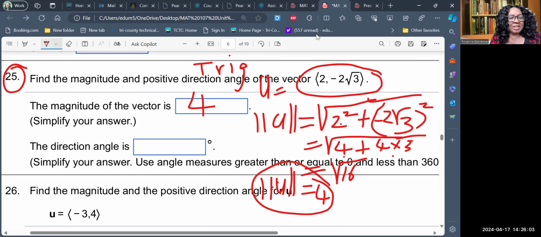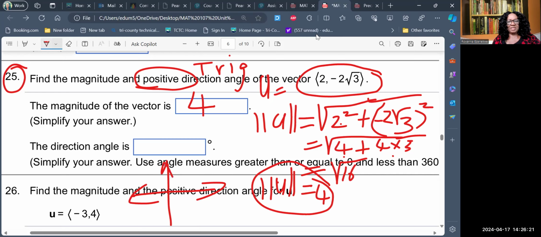Now the direction that we're told to find is the positive direction, so we have to be very careful. If I'm looking for the positive direction of a vector, I want to first of all graph that vector. So I'm going to graph this vector. If I make a sketch of the vector in number 25, I see that it's actually in the 4th quadrant.